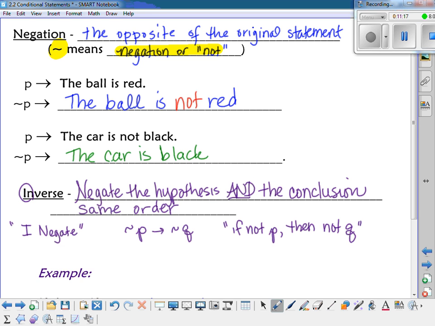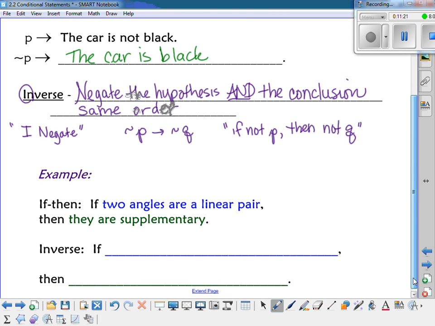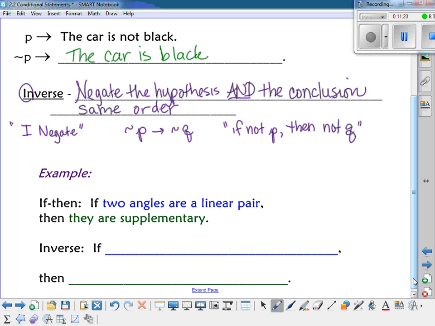So an example for that one. We're going to leave it in the same order. We're just going to negate. So the original if-then statement was if two angles are a linear pair, then they are supplementary.